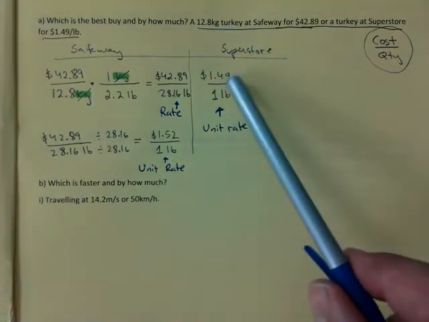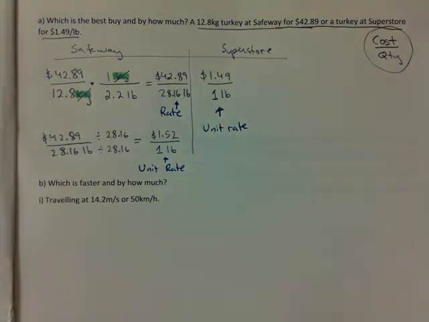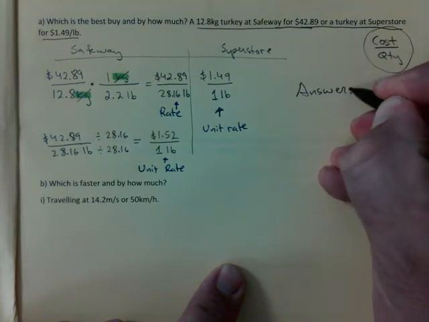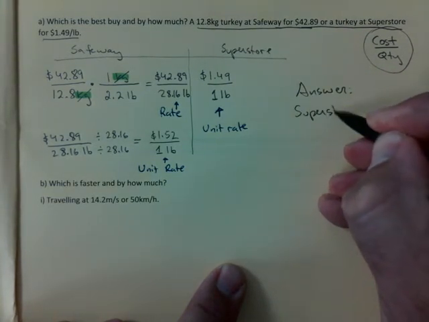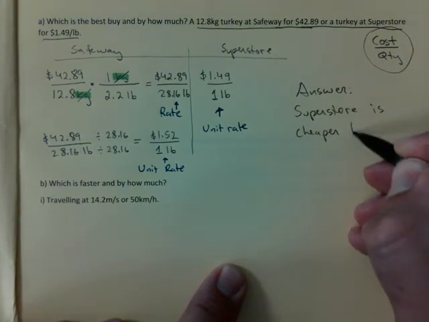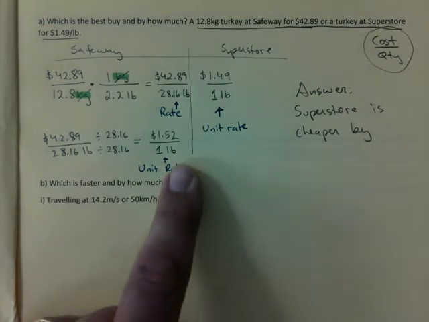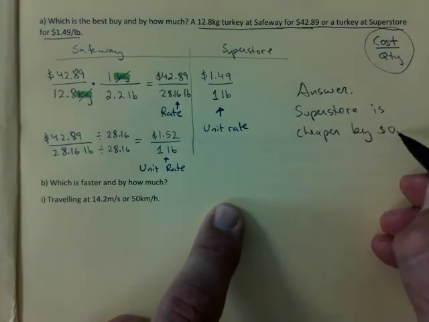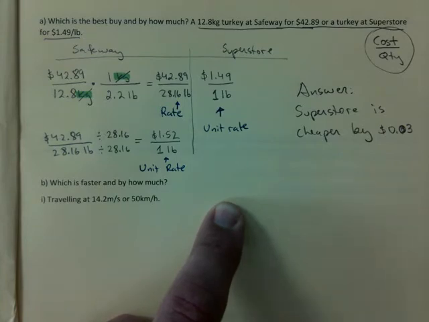So Superstore is better, not by a whole lot, but your final answer would say: Superstore is cheaper by, we can do mental math, 3 cents. But this is the kicker, 3 cents per pound. You're saving 3 cents for every pound you buy. So it's important that you state it like that in the correct units.